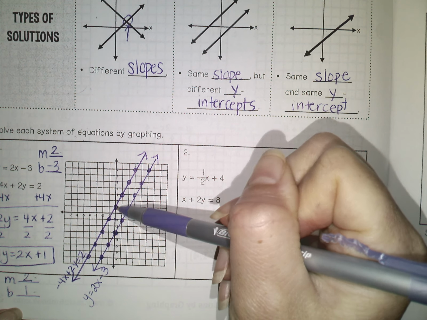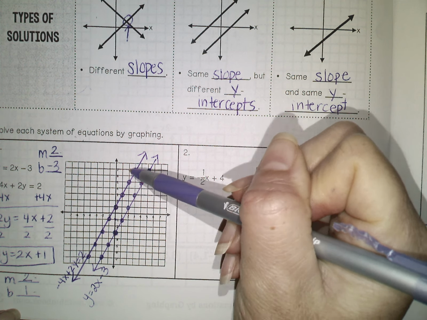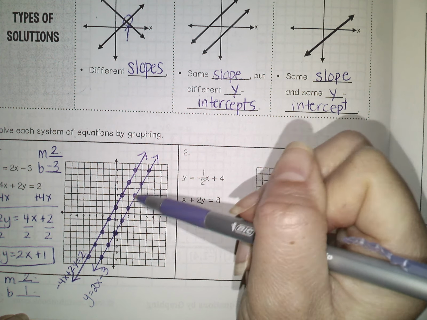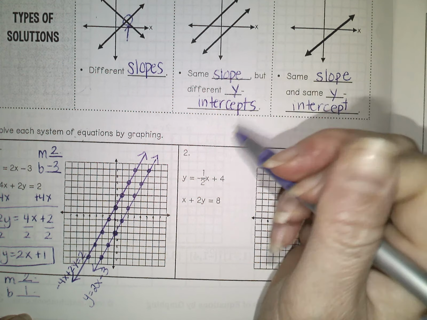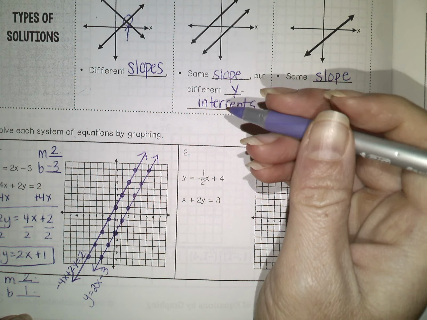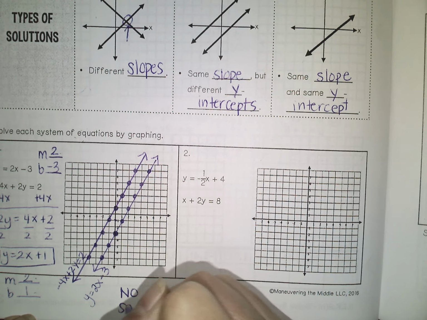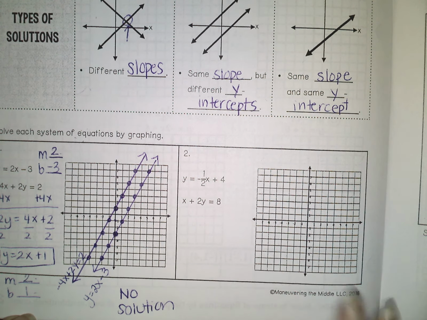One just begins at -3 on the y-axis, one begins at +1. But their steepness going up and over 2 over 1, their slope being 2 over 1, for the same thing, will never allow them to cross or intersect. So this is a no solution.